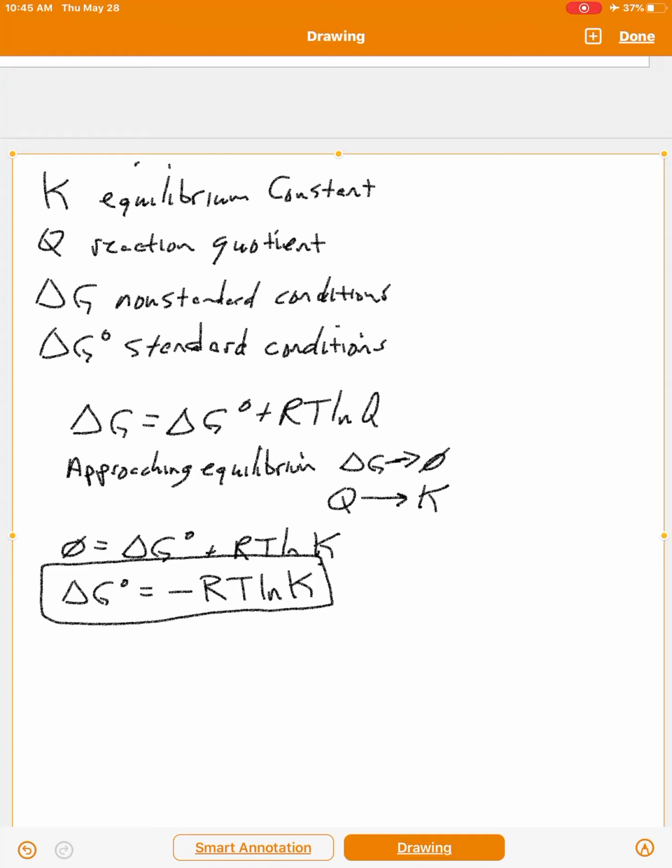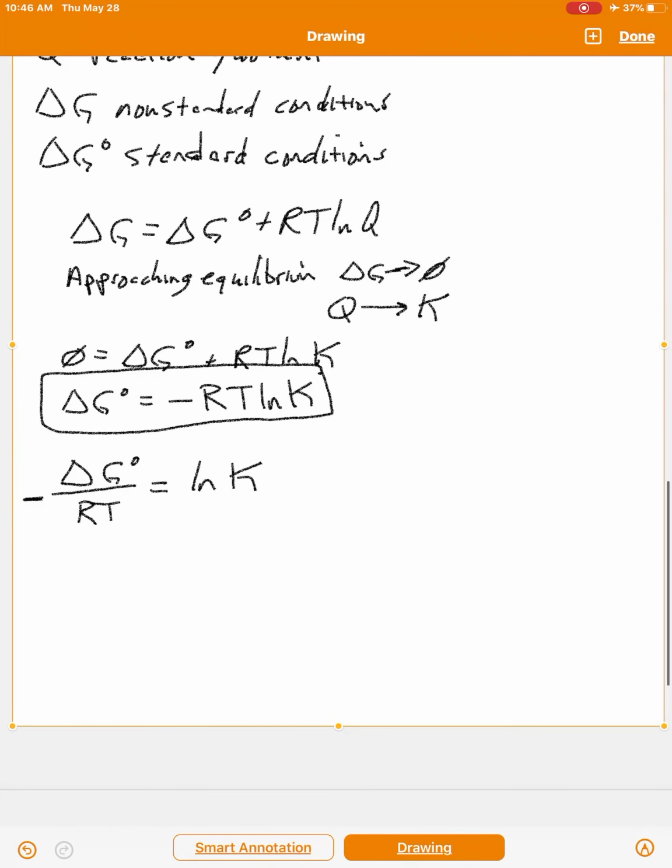If we wanted to find K, what I'm going to do is take delta G naught and divide it by RT. And then I'm going to multiply the equation by minus 1. So that'll make that a negative. And that would be equal to ln K. So we've almost got K, but not quite. So how do we get K?